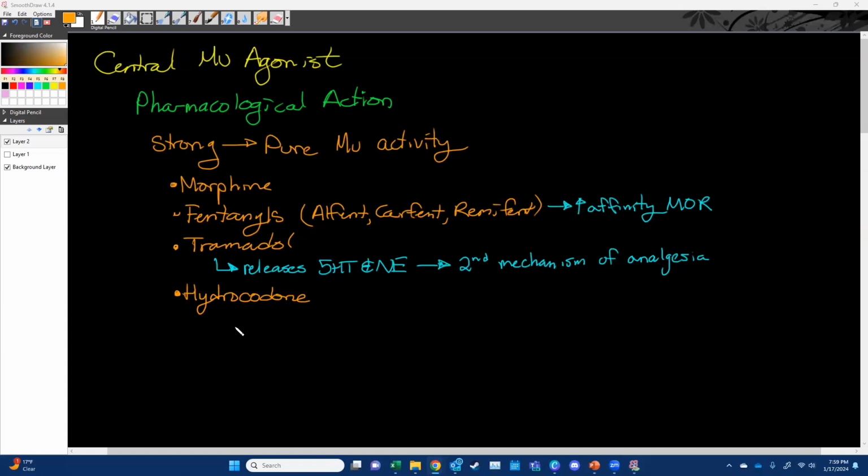Hydrocodone is the ketone derivative of morphine. So where morphine is able to access the body, hydrocodone has slightly higher blood-brain barrier penetration. And so this is why hydrocodone is able to have this strong effect.